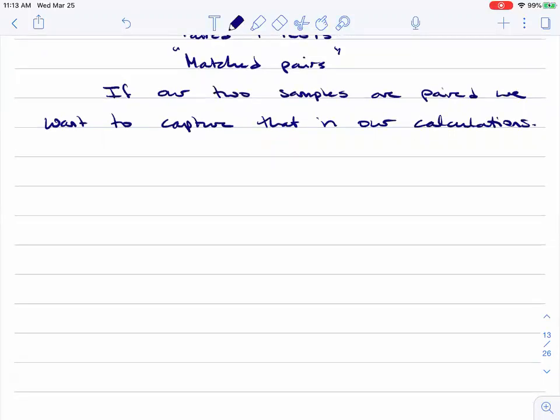So what we do is we calculate the differences. And so imagine, to do that, we calculate and analyze the differences.